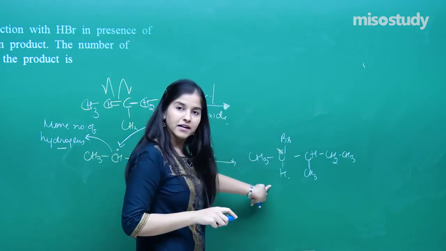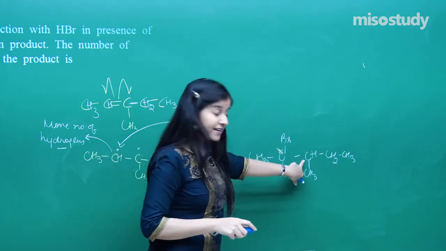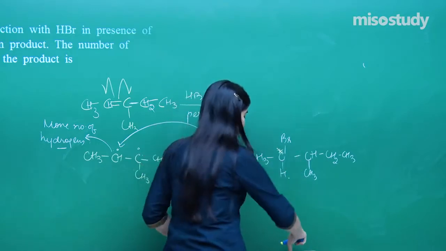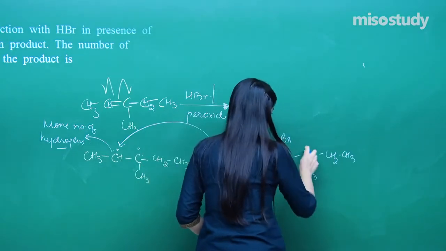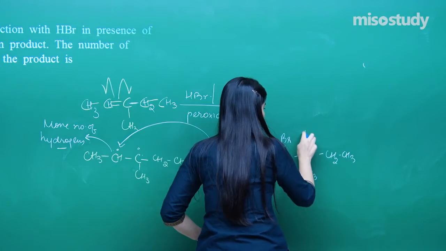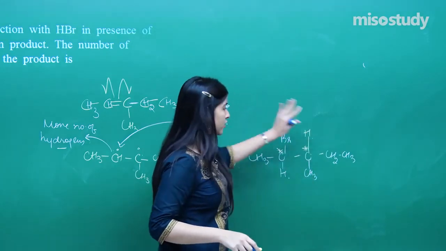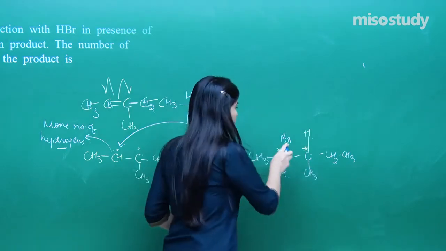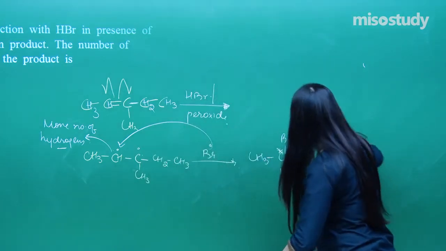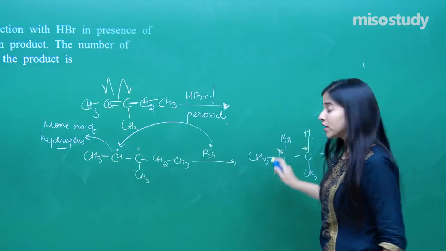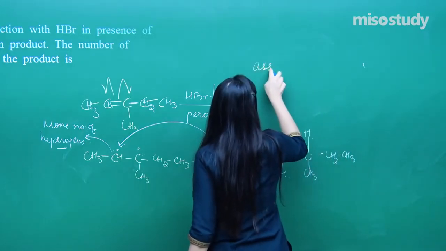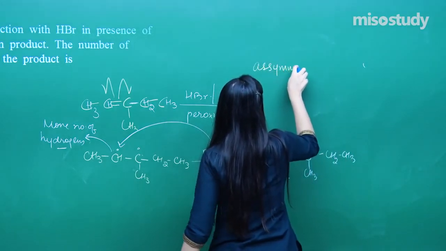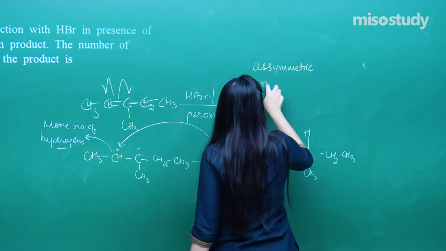So this is a chiral carbon. Again a chiral carbon, I have got 2 over here. So how many do I have? 2, because these 2 are non-chiral. So I have got 2 and this is an asymmetric molecule. For asymmetric, we already have done the formula.